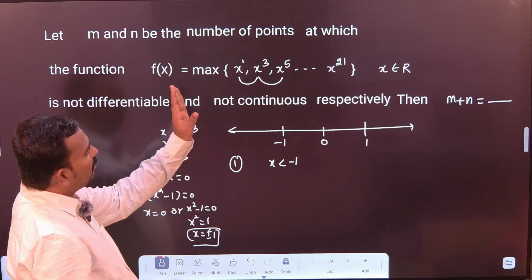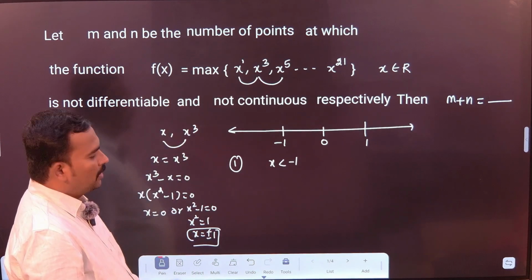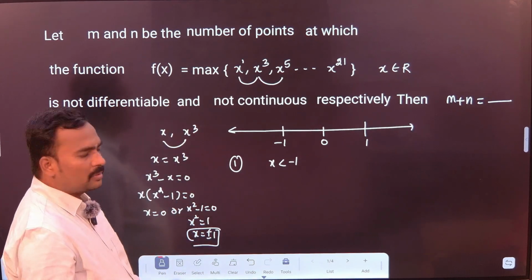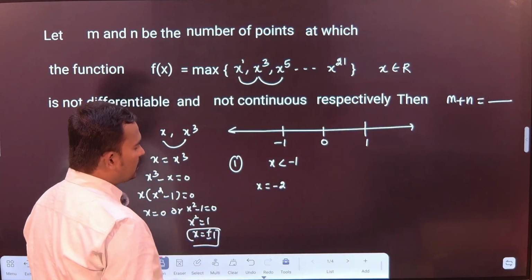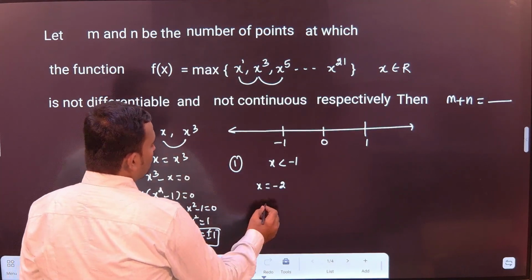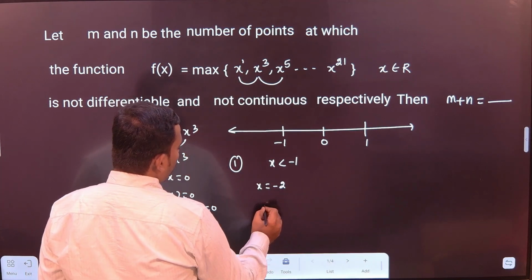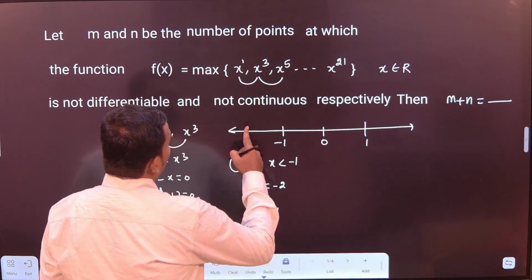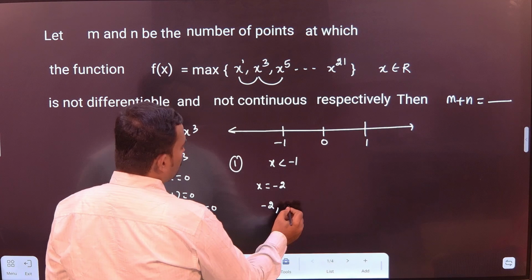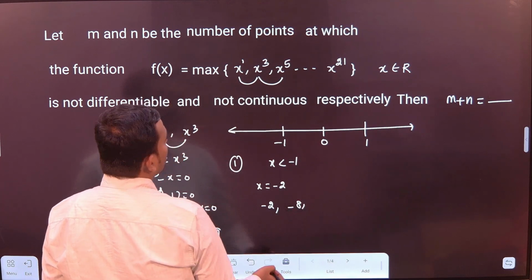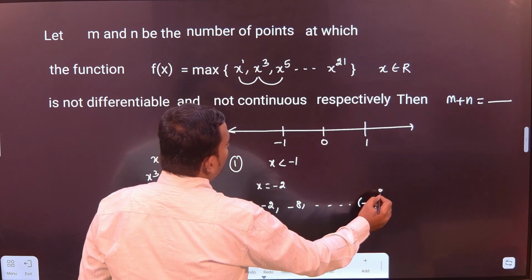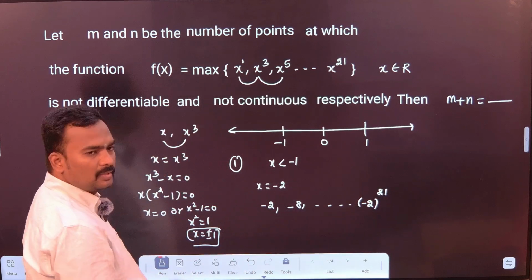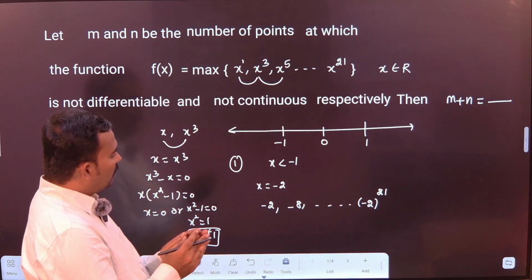you can see all are odd powers, right? When you take a negative number, for example if I take x equal to minus 2, then minus 2 is the first one, and then minus 2 whole cube is minus 8, and so on, up to minus 2 whole power 21.